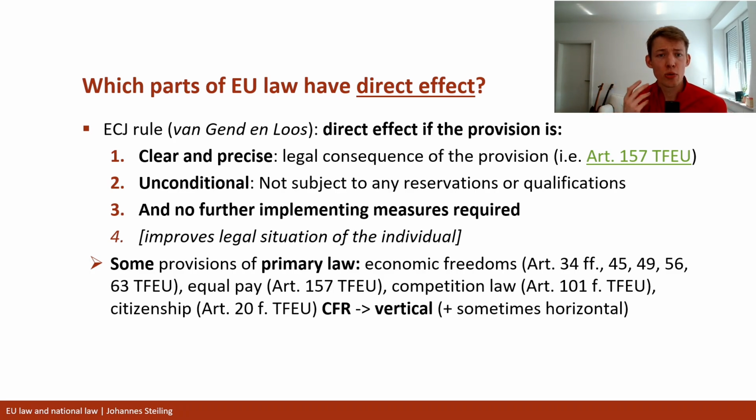I can directly invoke this in front of a national court. It is the same with equal pay, the same with competition law, the same with the rules on EU citizenship, and also the Charter of Fundamental Rights. So that also has direct effect. So I can actually invoke that in front of a national court.